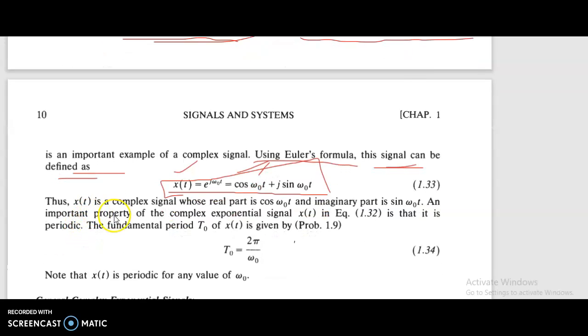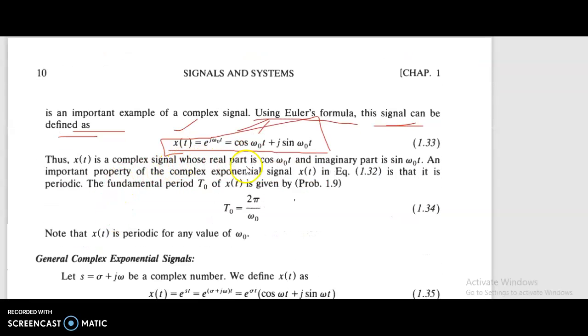Thus, x of t is a complex signal whose real part is cos omega naught t and the imaginary part is sin omega naught t.